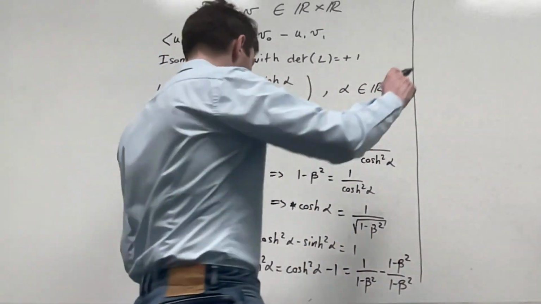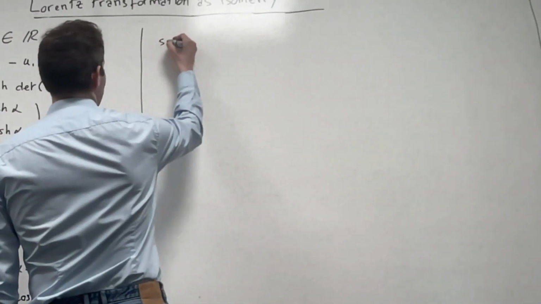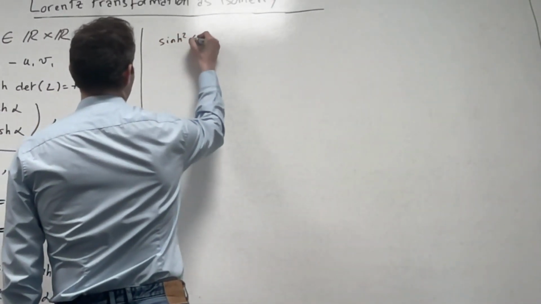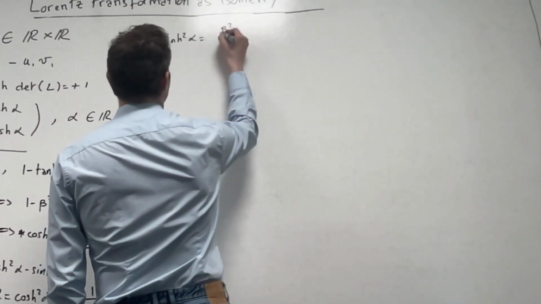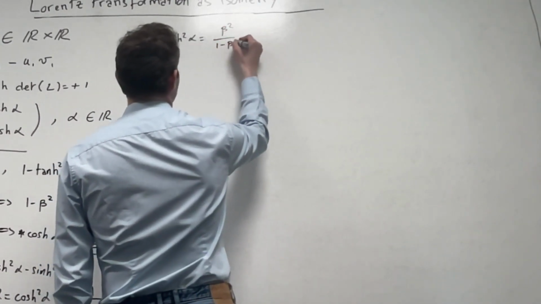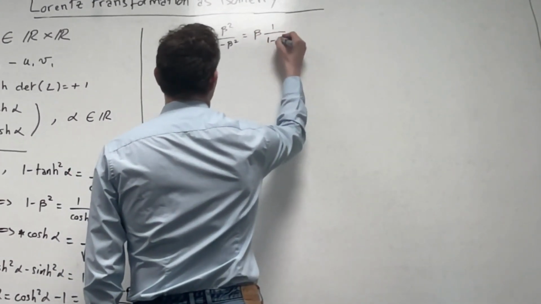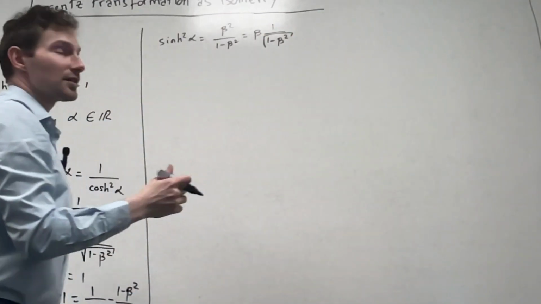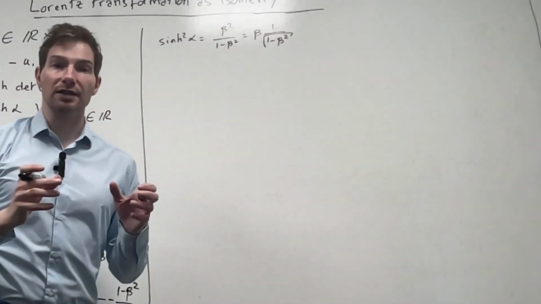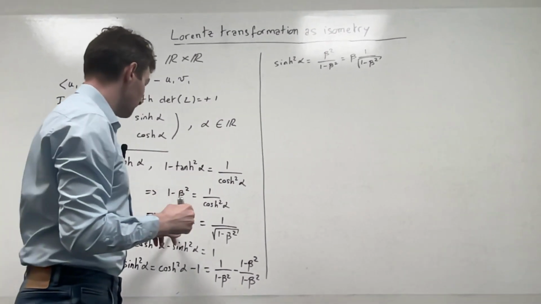And so if I now apply it there, I'm getting basically that sinh squared alpha is equal to beta squared over 1 minus beta squared, and that's equal to beta, and then 1 divided by the square root of 1 minus beta squared. At that stage, what people do is essentially define cosh alpha.